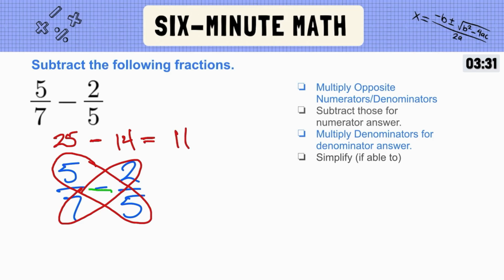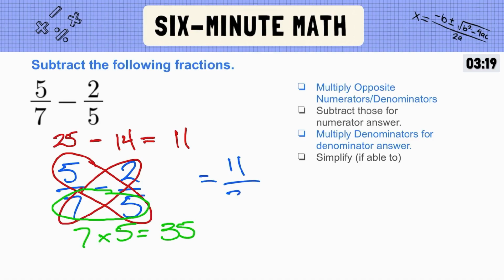I'm then going to multiply my denominators together. 7 times 5 is 35, and I combine those two for my final answer of 11 over 35. If you check out our process here, you can see why we call it the butterfly method, as it looks subtly like a butterfly.